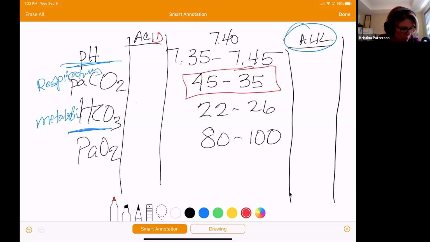All right, so in this one, we have a pH of 7.30. That's over here. And we have a PaCO2 of 45. That's right here. And we have a PaO2 of 60.